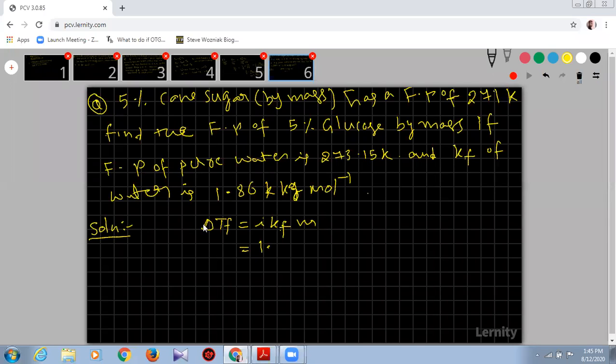Here it is 271 Kelvin, and the freezing point of pure water is 273.15. 273.15 minus 271 Kelvin, the difference is 2.15. That's why 2.15 is equal to i, which is 1, times Kf. Kf of water is also given here. Simply, I will take Kf, because why I am not taking the value, I will tell you. Here, what is the molarity?